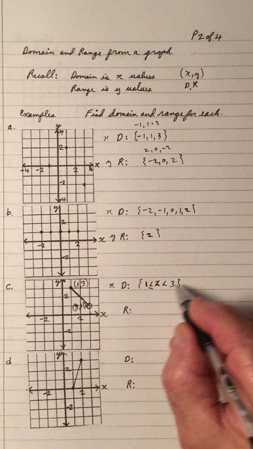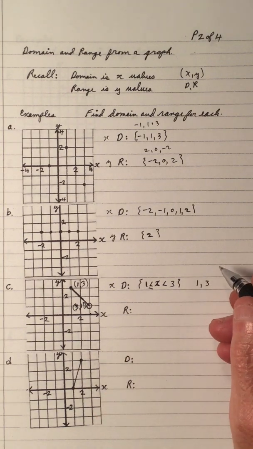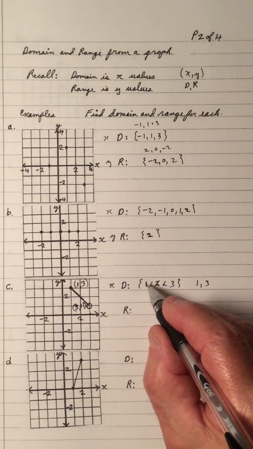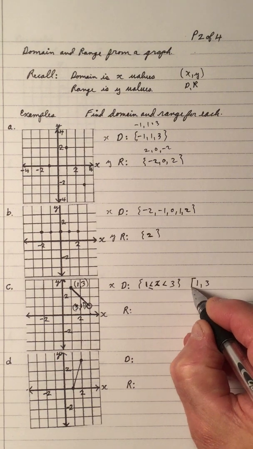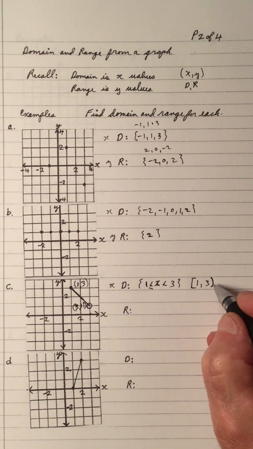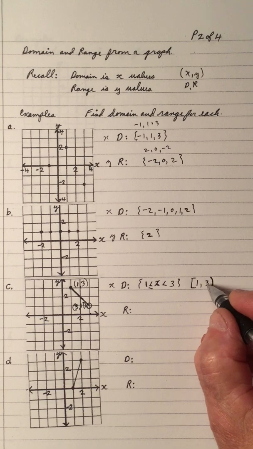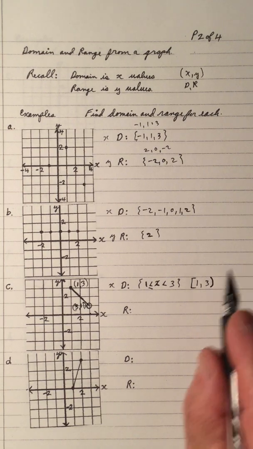So we can write [1, 3) if we want to do the interval notation. The 1 has a square bracket, which means it's included, and the 3 has that bracket, not square, which means it's not included.